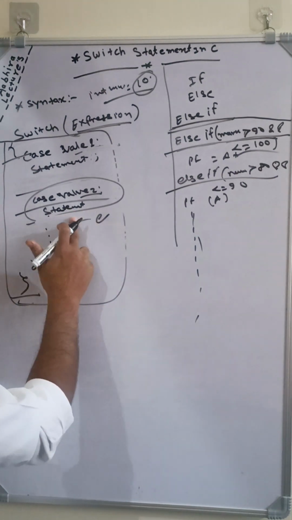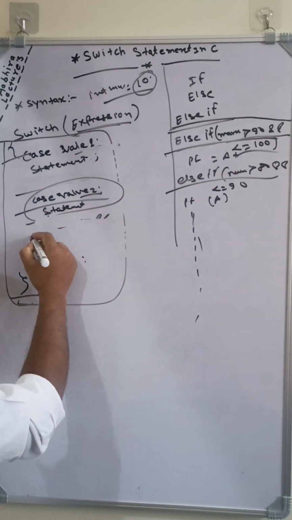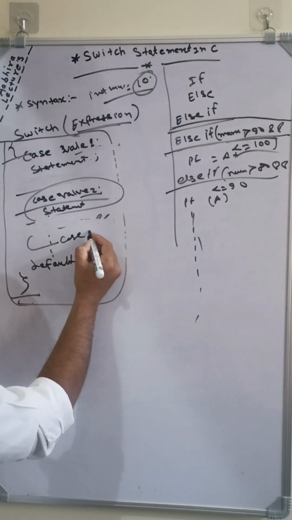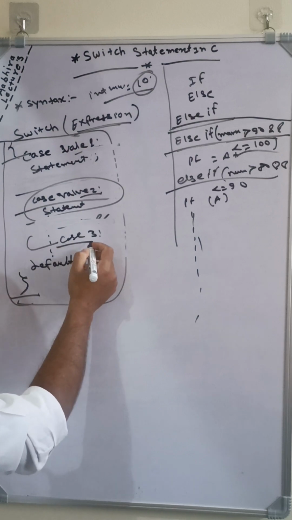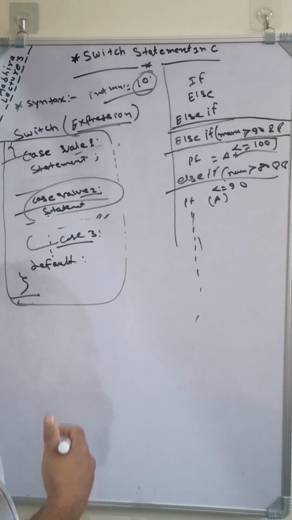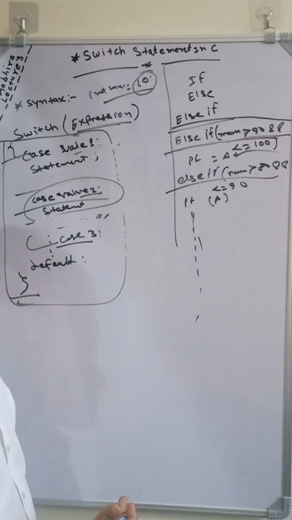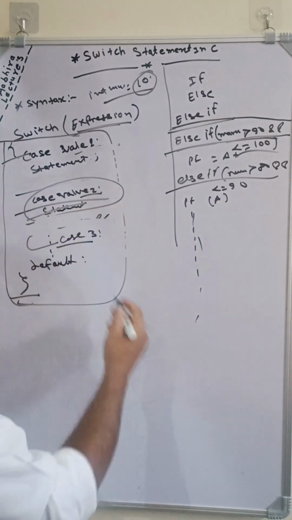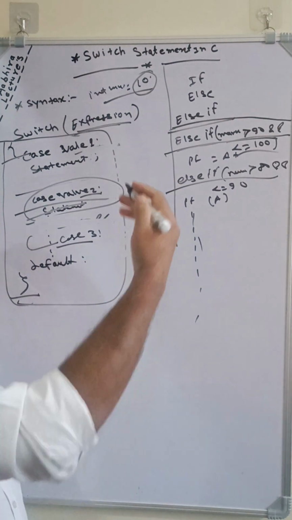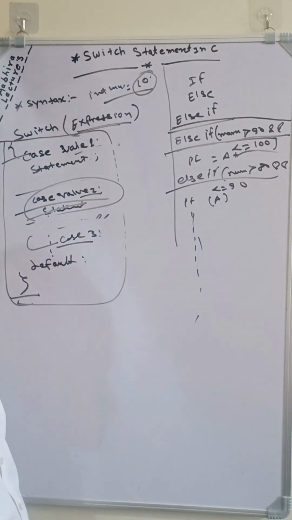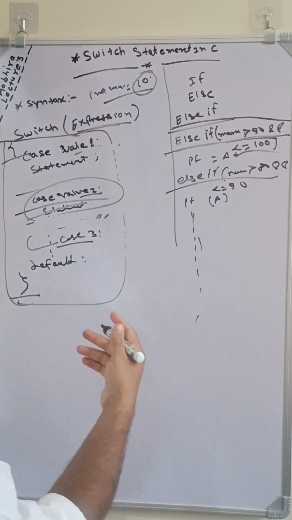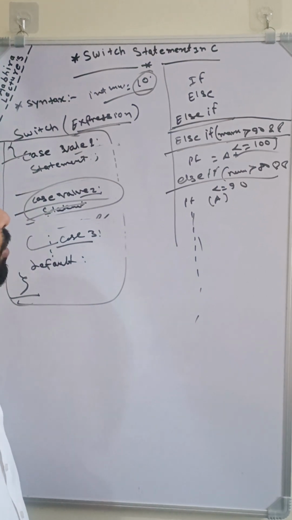If you give break, it will come out of the switch. If you do not write break, it will go on to the other cases, like case 3. So if you want to come out of the switch, you have to write break. Otherwise it will print all the cases. We will see this with some examples.